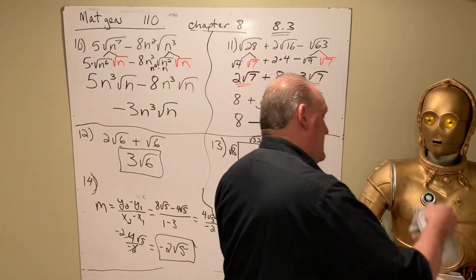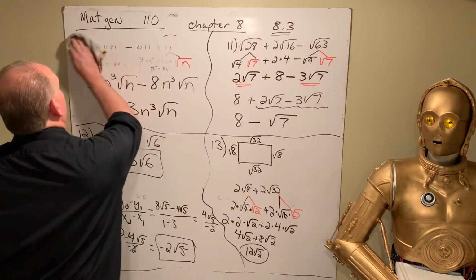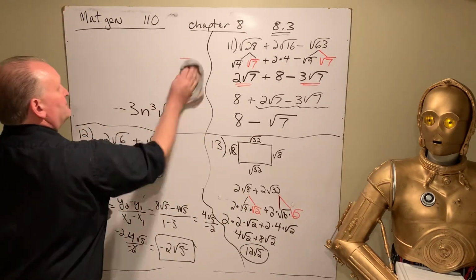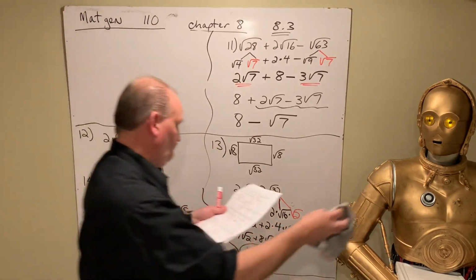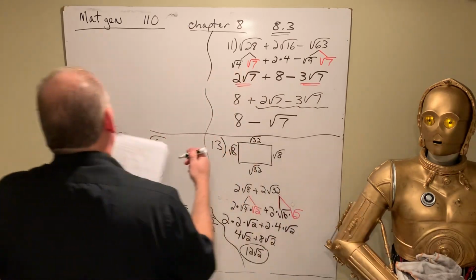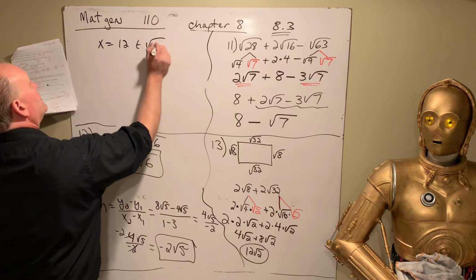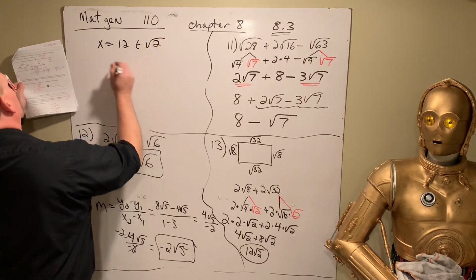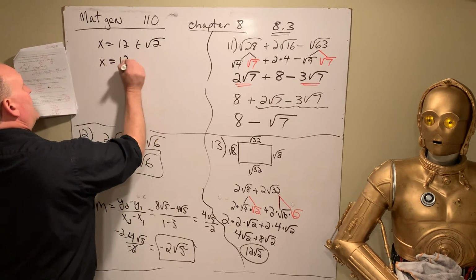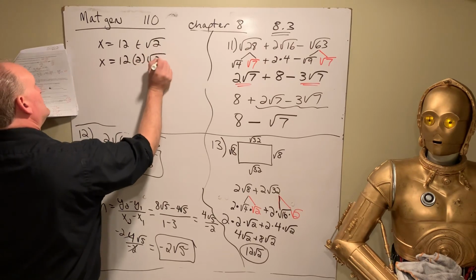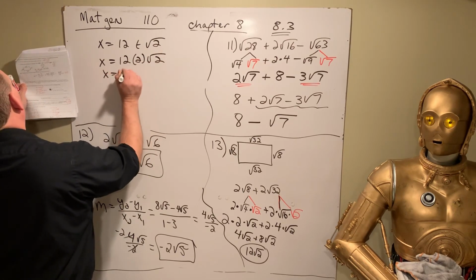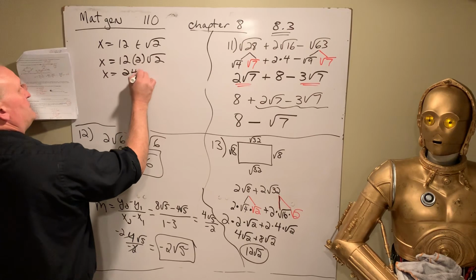And then the last one here, let's just erase number 10 here, is they just give you an equation, and you pop in the time, so 2 seconds, and that's 24 square roots of 2.